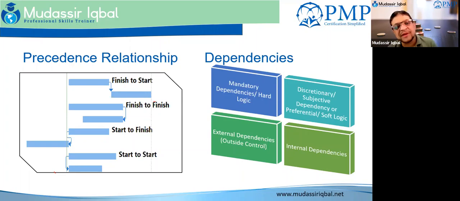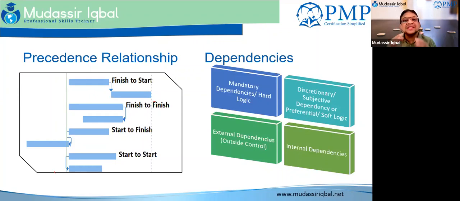When we talk about the mandatory dependency, it's like a physical limitation. You cannot build a house before a foundation. You cannot paint before the plaster work is done. You cannot do the fixtures before the electrical work is done. You cannot do the doors before the block work is done.